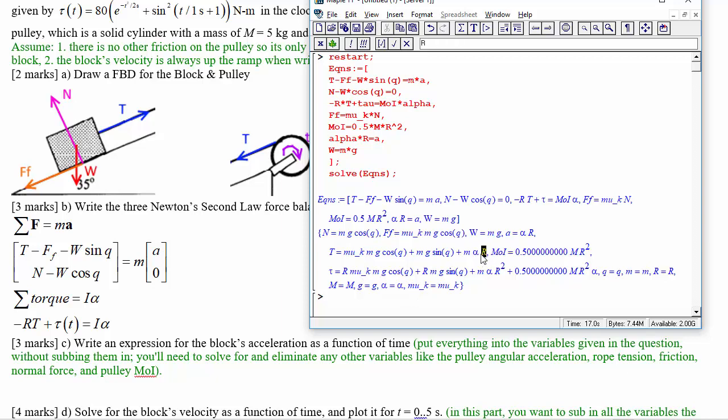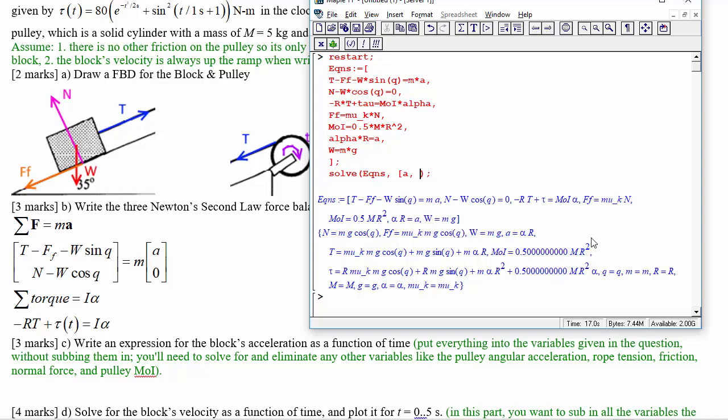So in order to get this out of the expressions, we want to do that because that's not one of the things we started with. We need to say specifically what we want to solve the equations for. So we want A, and we want to eliminate everything that wasn't given in the problem. So what other things do we have in these equations that weren't variables that we know as constants in the question?